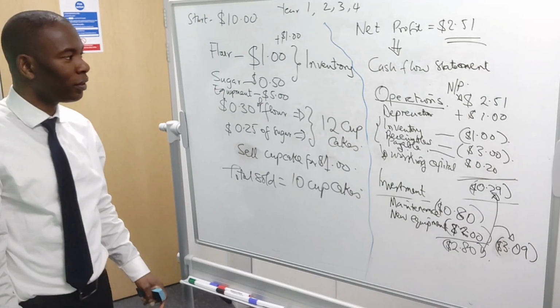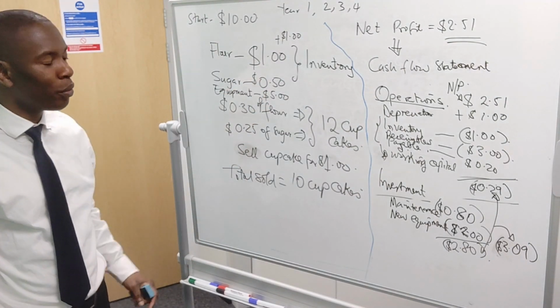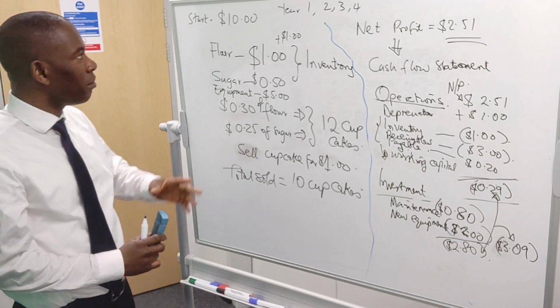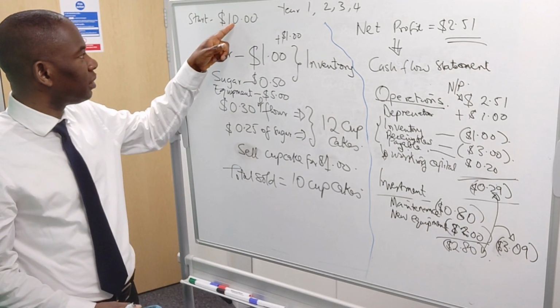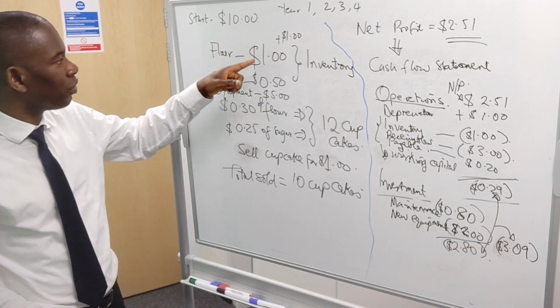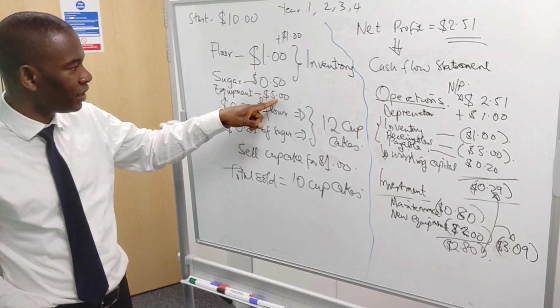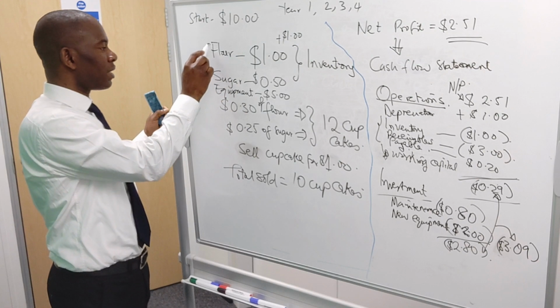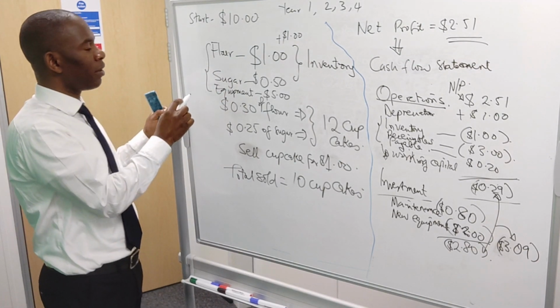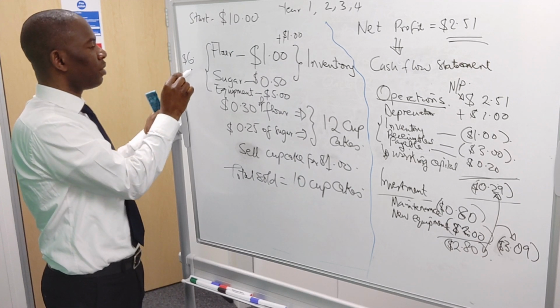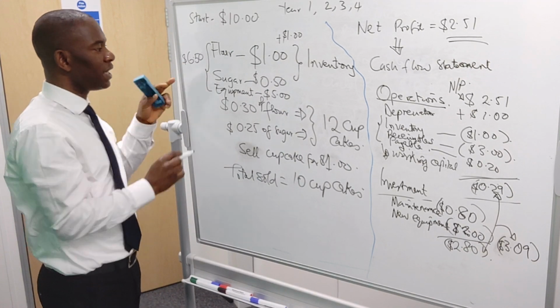How are you going to cope? Remember, we started with $10. So you bought this, you bought that, you bought this. So at the start, you actually spent about $6.50.